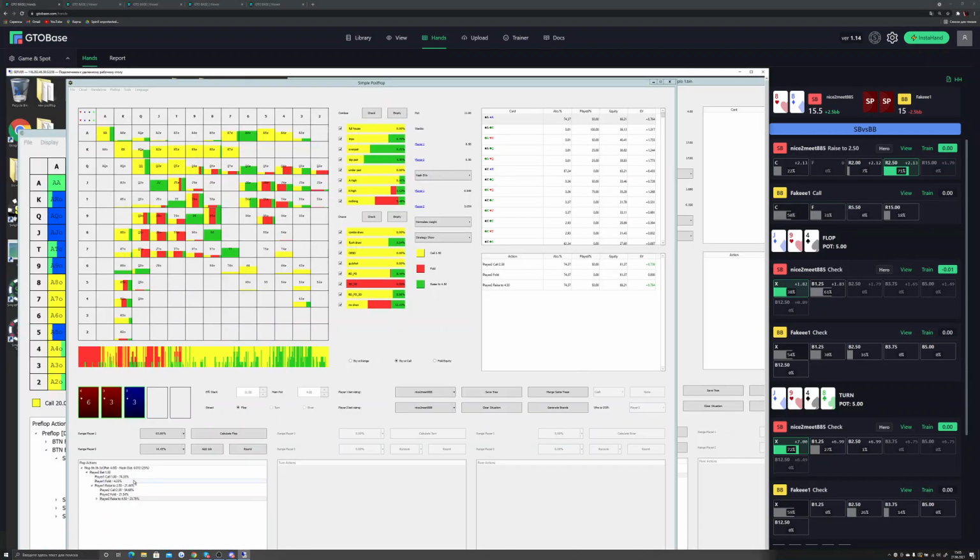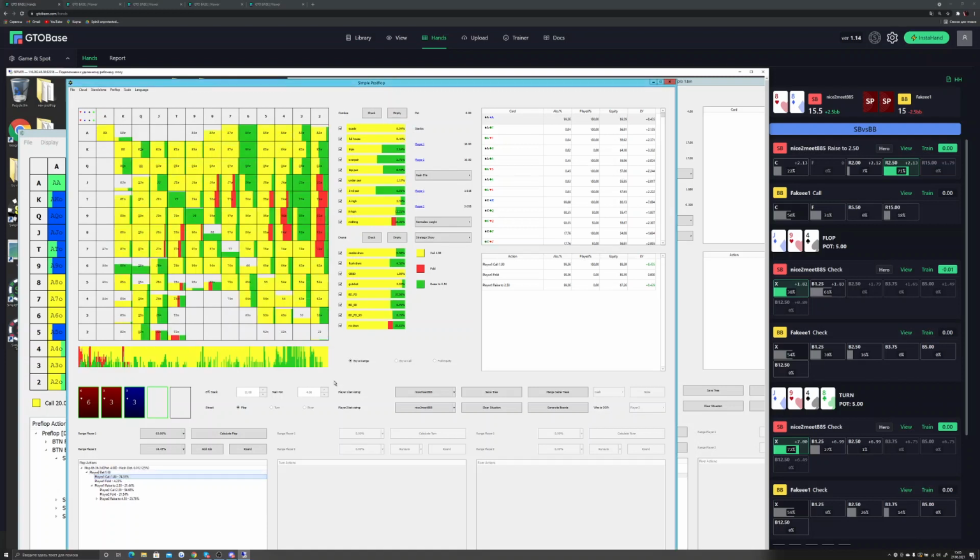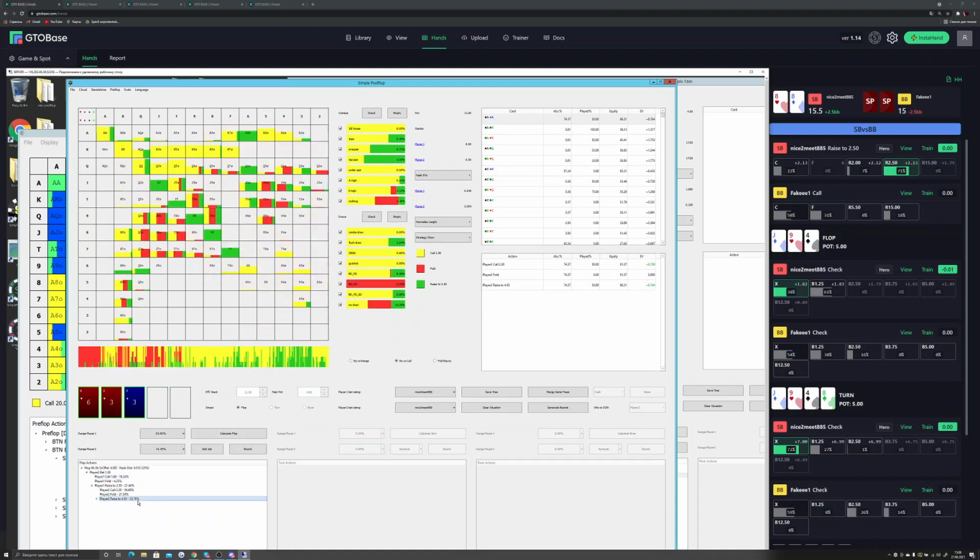Okay, this one finally calculated, so we can get back to it. Against a guy who bets 100%, we only fold 4% of hands, so we basically defend everything. And I was wrong actually, I thought we would raise some more, but we are pretty much raising the same amount. Although I get why we do not want to raise very often, because when we raise we get a 24% 3-bet.